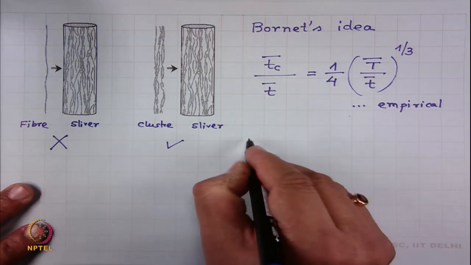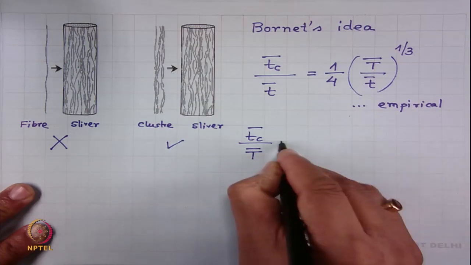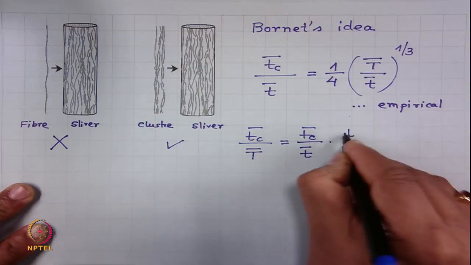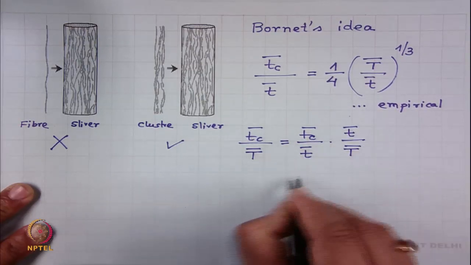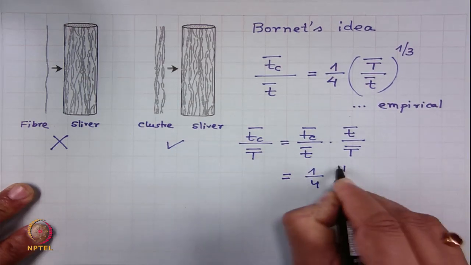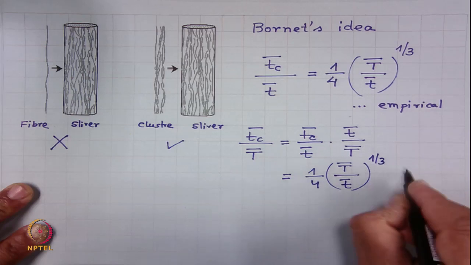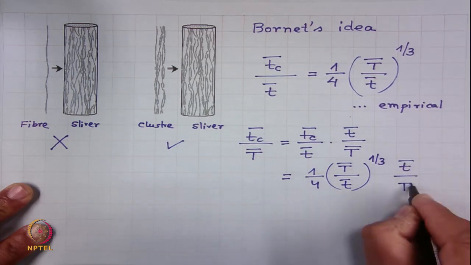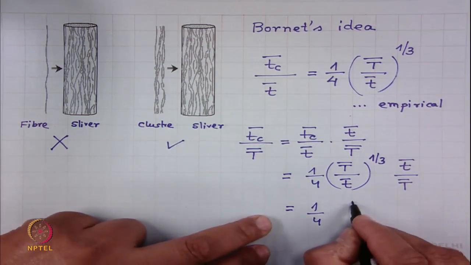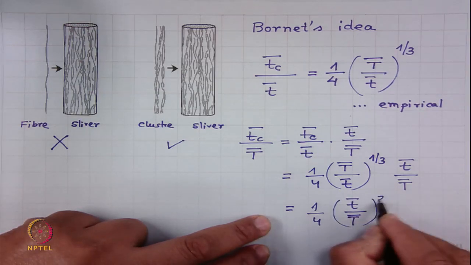Then we can write t c bar by t bar is equal to t c by T bar into T bar by this. This is equal to 1/4 T bar by this to the power 1/3 T bar by this. So, 1/4 and 2/3.